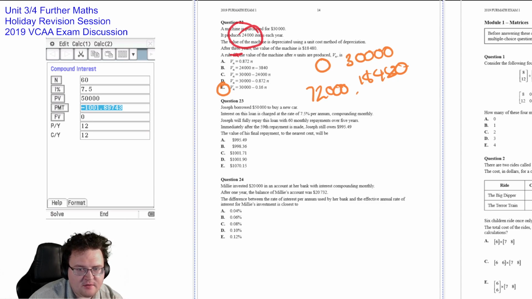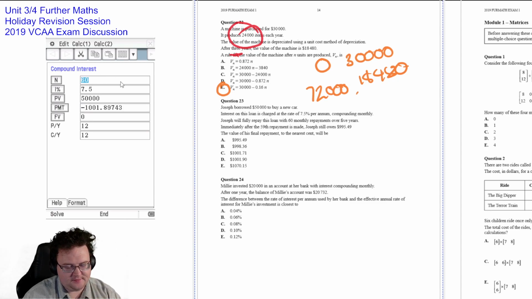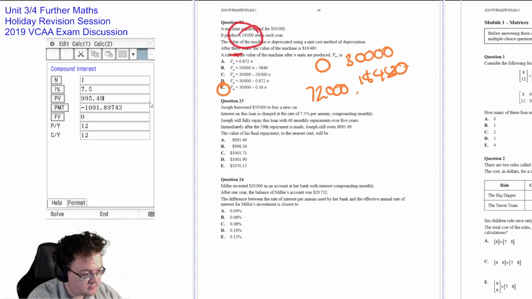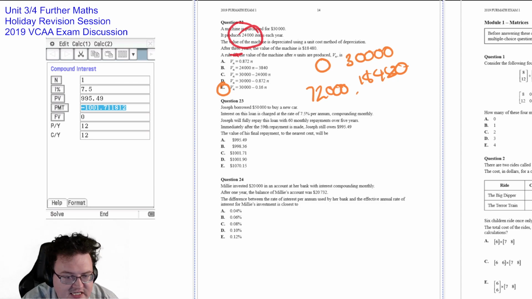What we only care about is that last month. 1 month, 7.5%. How much does he still owe? 995.49. And now we press that one and we get $1,001.71. And that is how much he actually is owed.